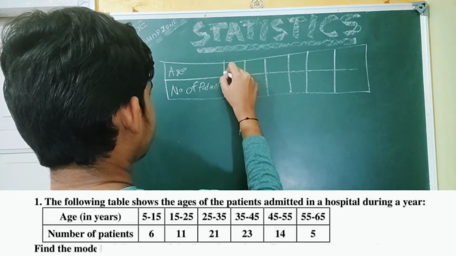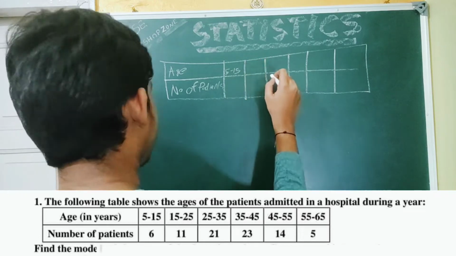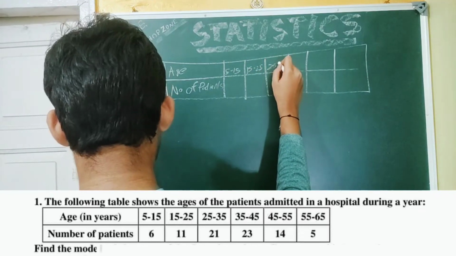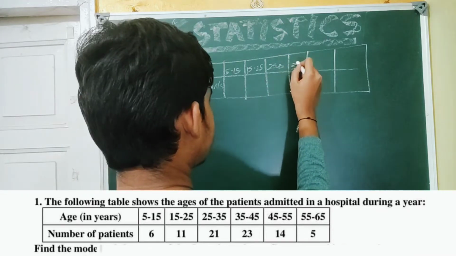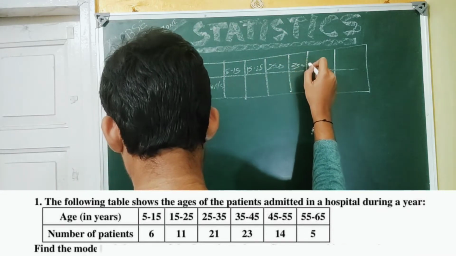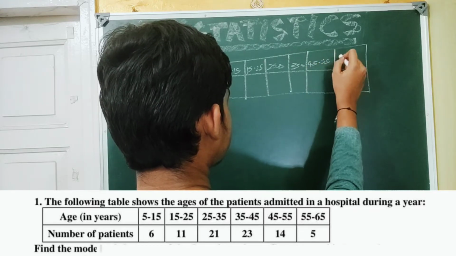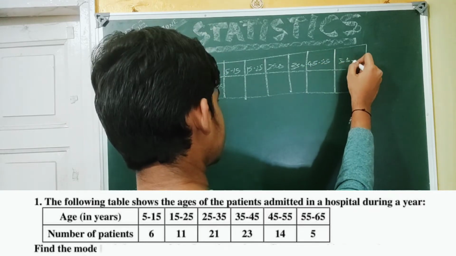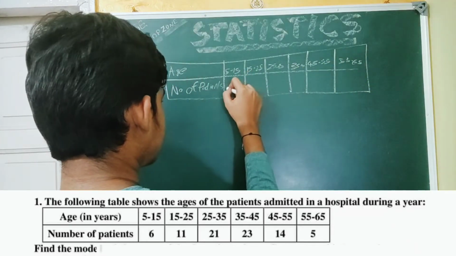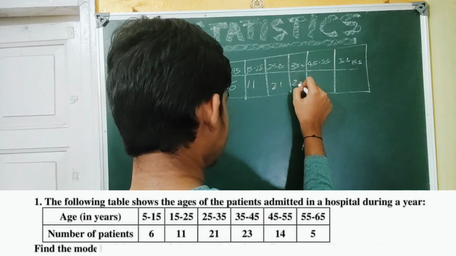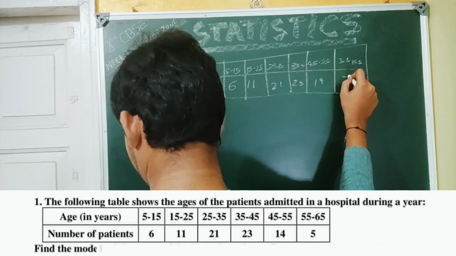Let's write 5 to 15, 15 to 25, 25 to 35, 35 to 45, 45 to 55, 55 to 65. And let's write down the values 6, 11, 21, 23, 14, 5.